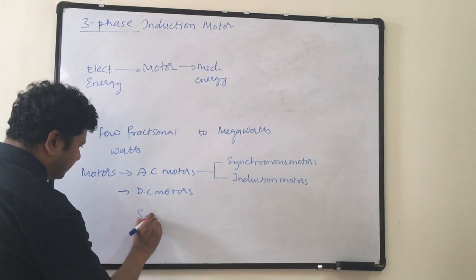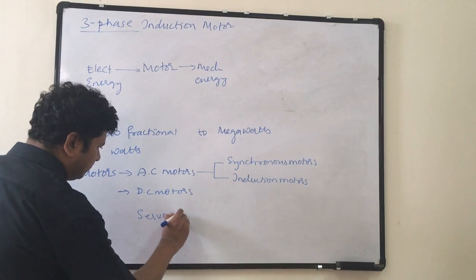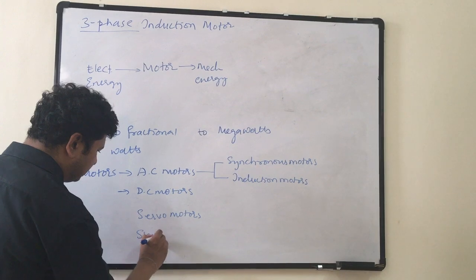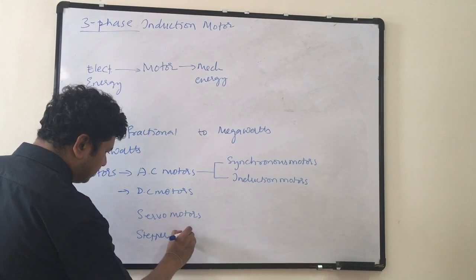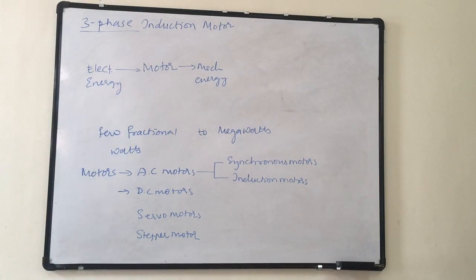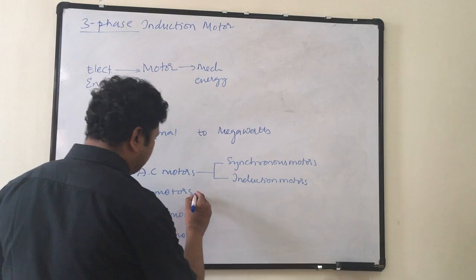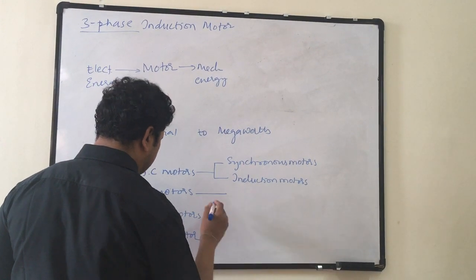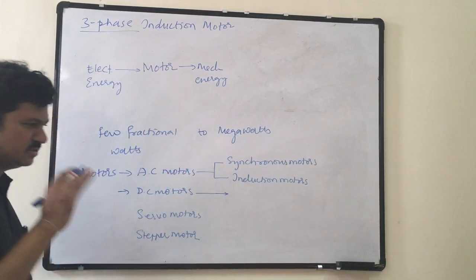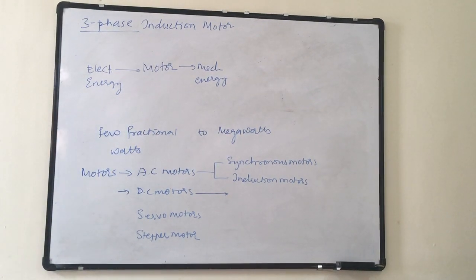We have servo motors, stepper motors, reluctance motors, brushless motors, so many motors we have. In DC motors, we'll stop there only, because anyway we are studying the complete DC motor module itself.